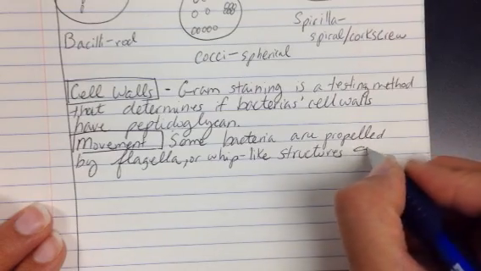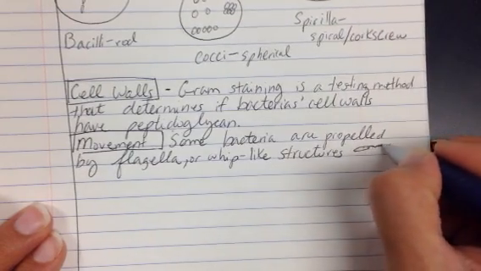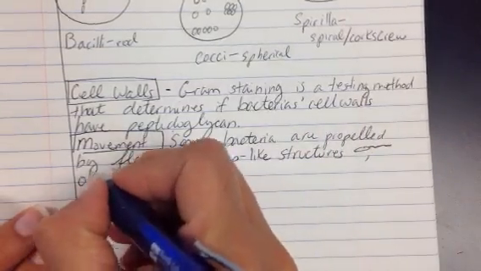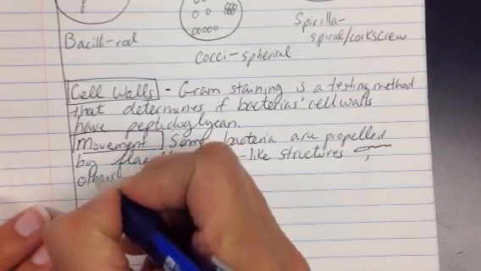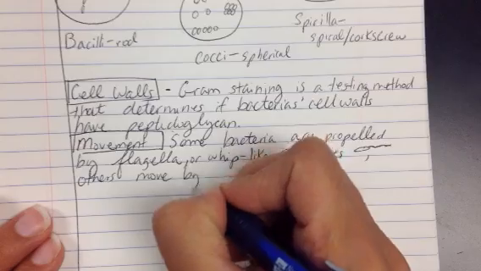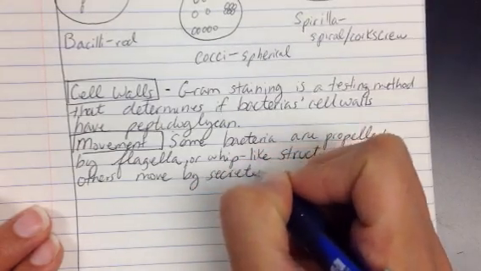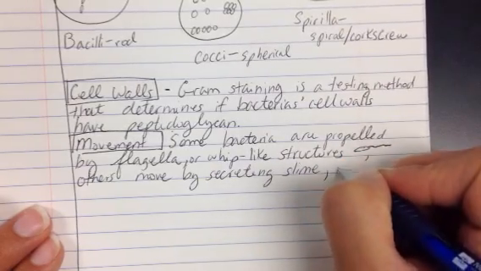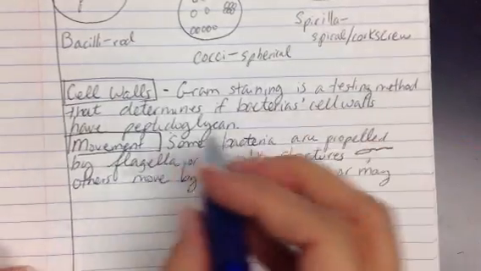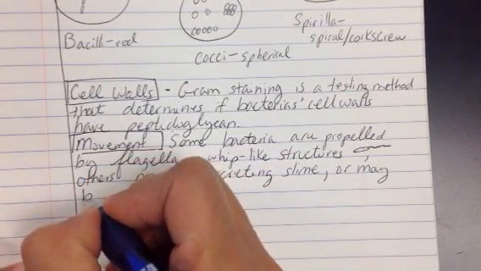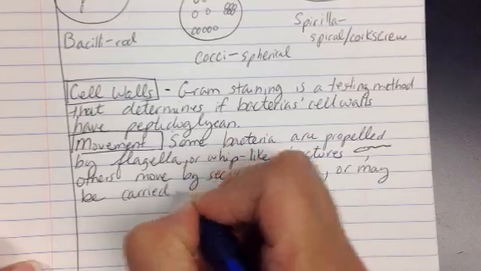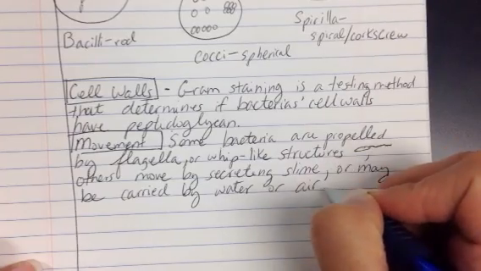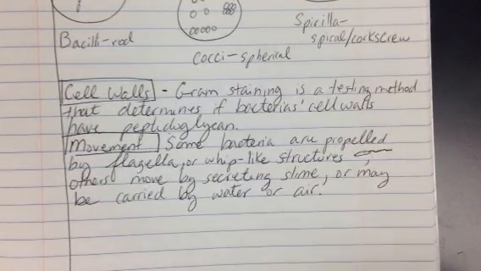So here's a little bacterium. That little tail behind it, that's the flagellum. Others move by secreting slime, so they slide around on the slime that they put out, or they may be carried by water or air. So they just get moved around through the elements.